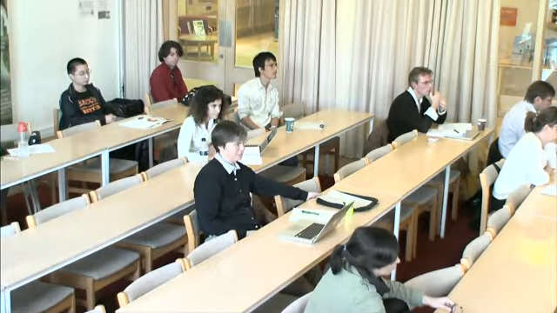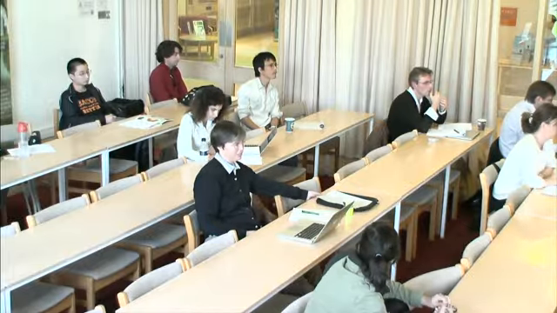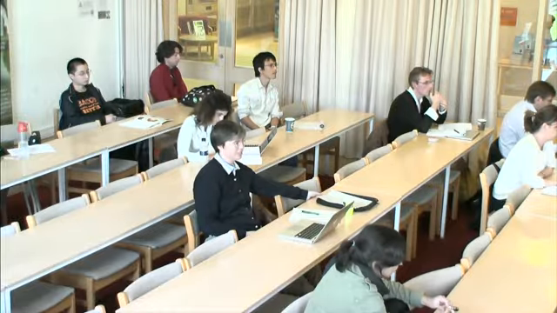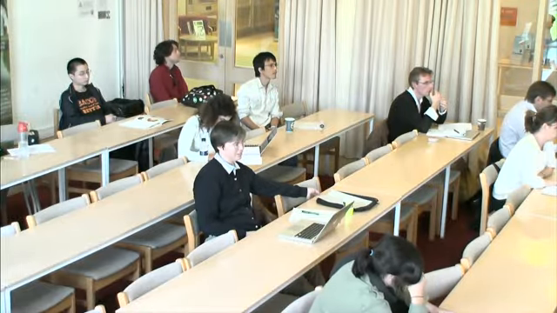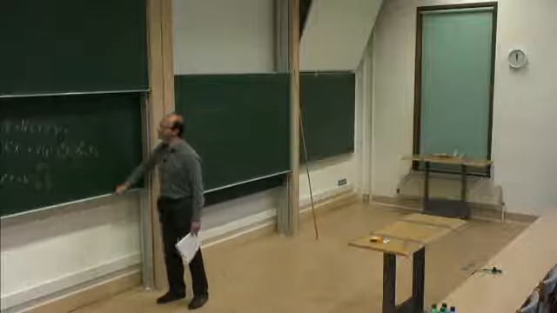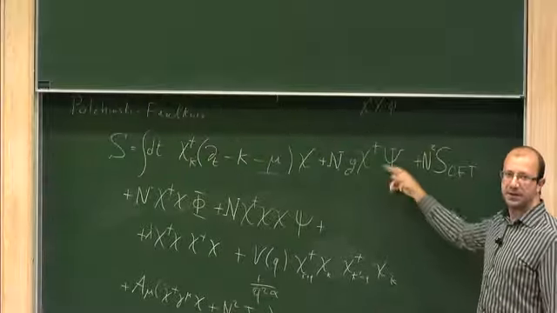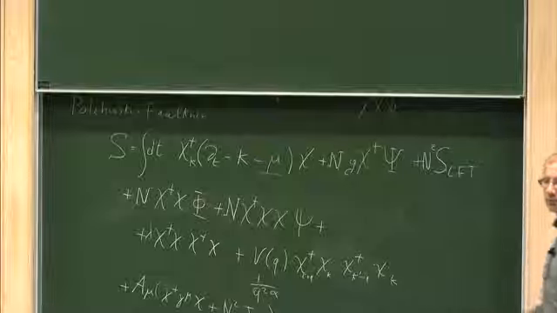I'm assuming that there is some symmetry, otherwise I cannot. I have to assume that the symmetry exists. But basically, I already assumed it here. This coupling only makes sense if this psi has the same charge as chi. Otherwise, I would have to do something different.